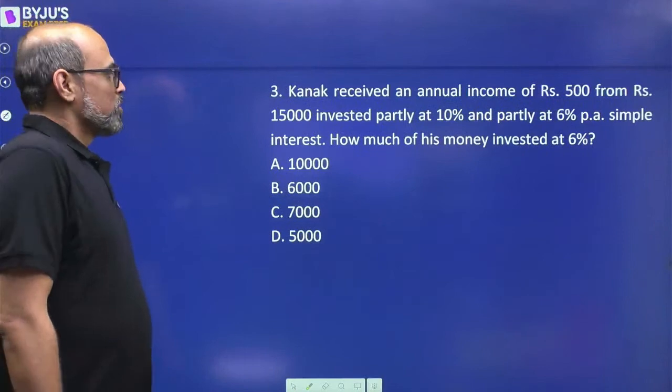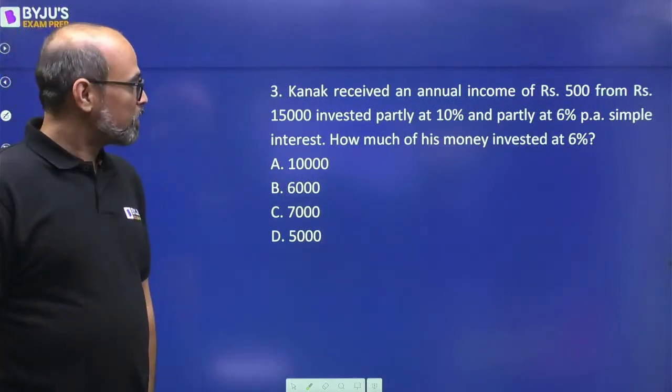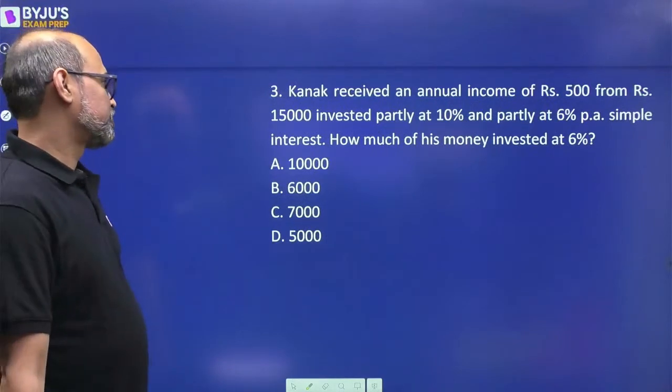Okay. Annual income of rupees 500 out of 15,000.